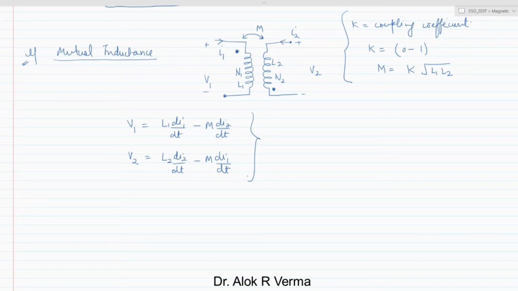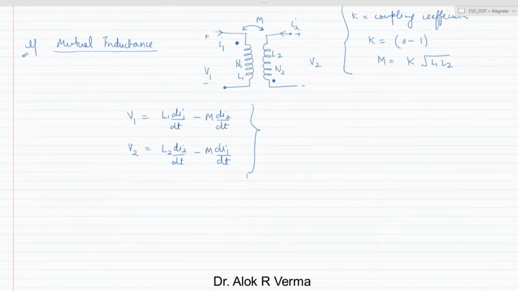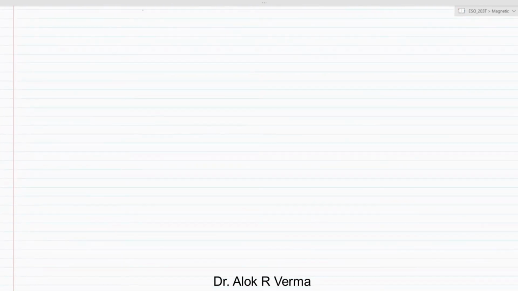So now if you want to compute the equivalent inductive reactance, let us consider one more example. Suppose there is a core, okay, and there are three windings.